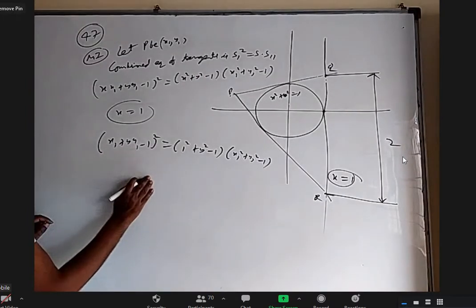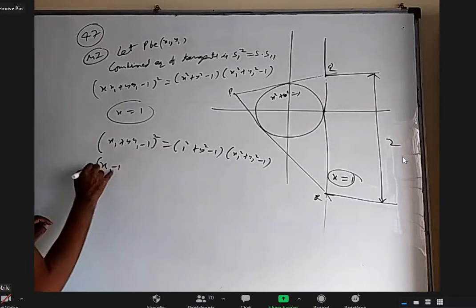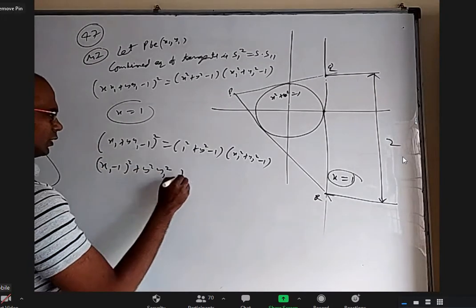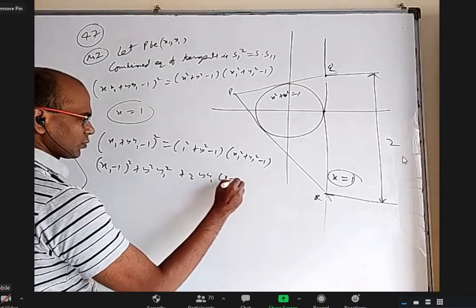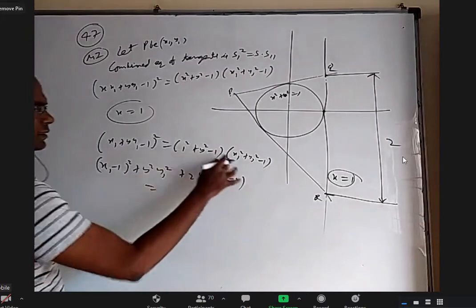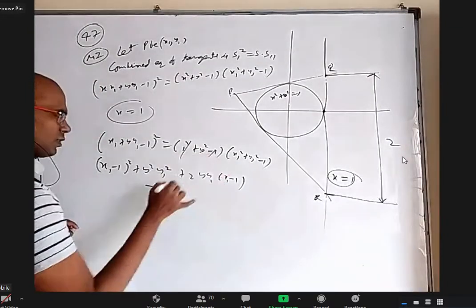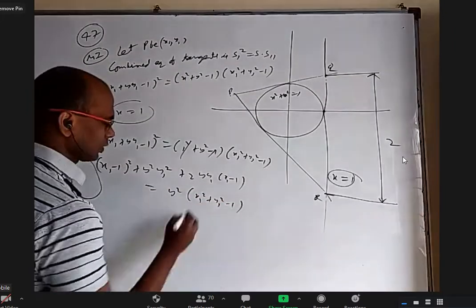Okay, so let us expand this. I want to take these two together: (x1 minus 1) whole square plus y square y1 square plus 2 y1 (x1 minus 1) y. On the right side, I don't want to expand directly, cancel this one. I get straight away y square into (x1 square plus y1 square minus 1).